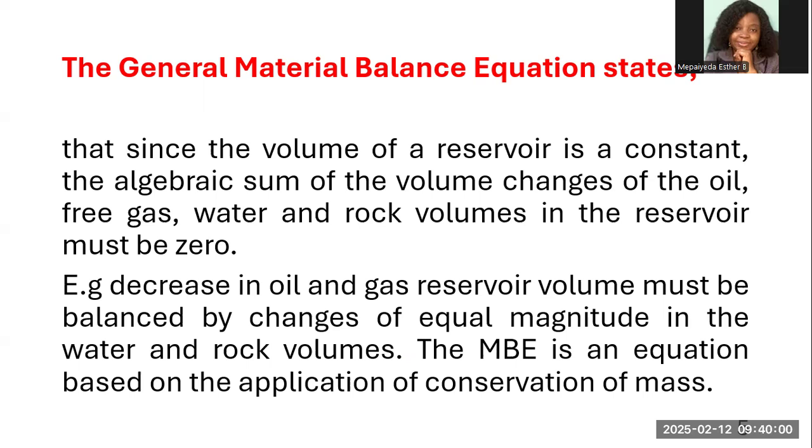Basically, you have three basic reservoir fluids, which I believe you know that already. You have your oil, your gas, the two basic ones, and then you have a presence of water as well. Okay, then the rock volume present in your reservoir. The algebraic sum of the action of these, okay, must be zero.